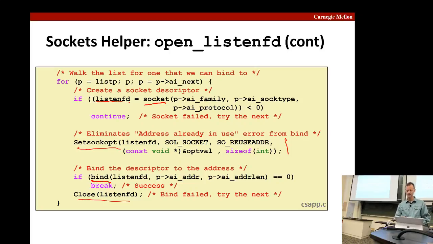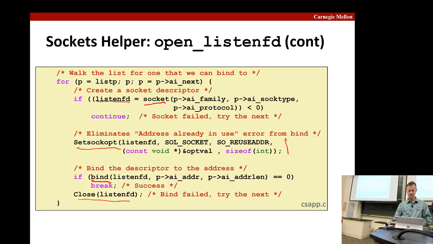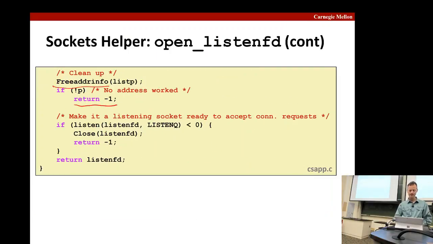Okay. So at the end of that, you'll need to do some cleanup. You free the address, and again, if nothing was found, you return an error code. Otherwise, thus far we've just done socket and bind, right? We still have to do listen, so we saved that to the end here.